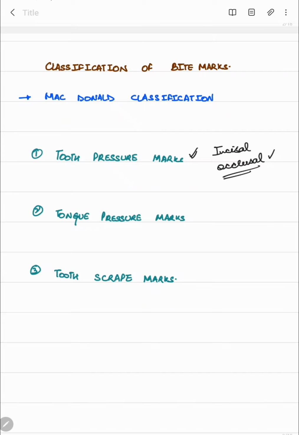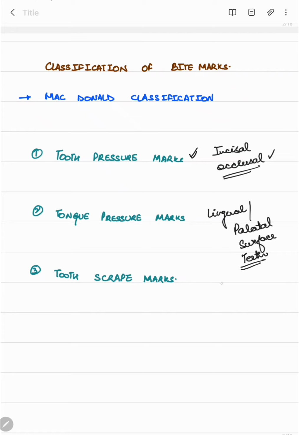Now type 2, that is tongue pressure marks. What happens when a sufficient amount of tissue is taken into the mouth? The tongue will press the tissue against rigid areas such as the lingual or palatal surfaces of the teeth, plus the hard palate also.